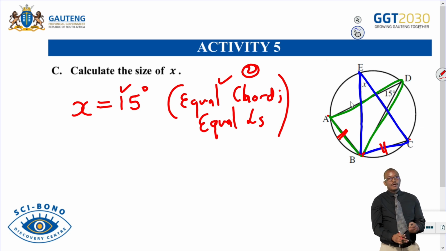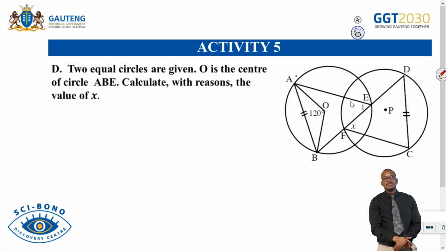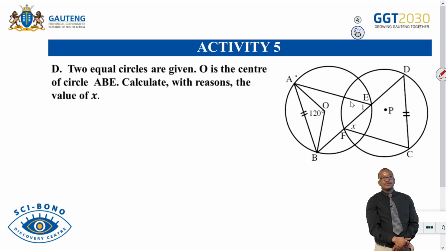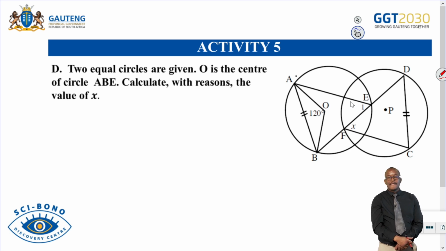So now let's look into activity 5D. We read the statement, and as we read it, it is very important for us to note what it says. Hence, every time we are advised to read the statement carefully and apply what we know. The statement reads as follows. Two equal circles are given.